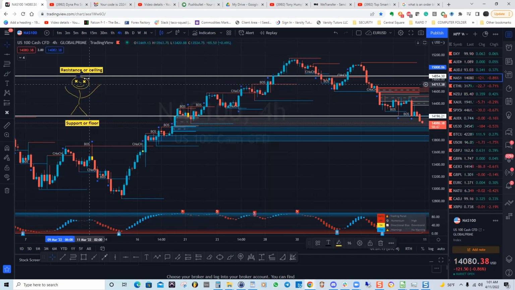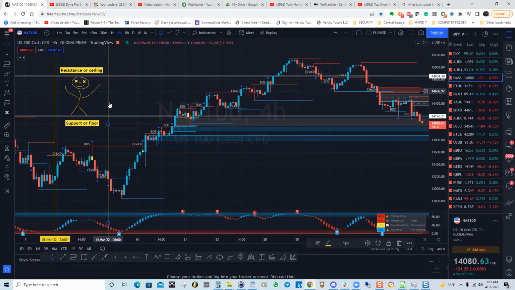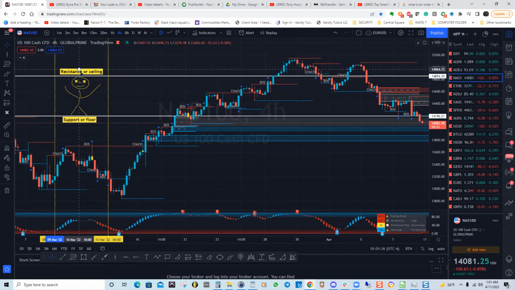So this little man here is caught up in this box right here. This is his little room, almost like a cage. So this is the support and floor, and this is his resistance, ceiling.